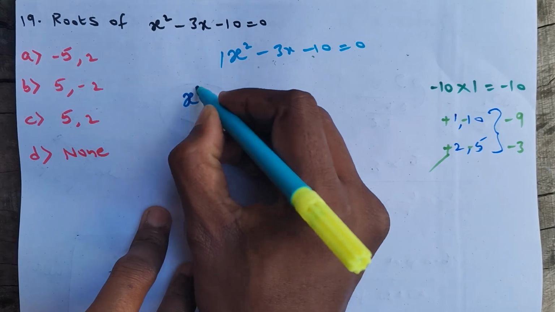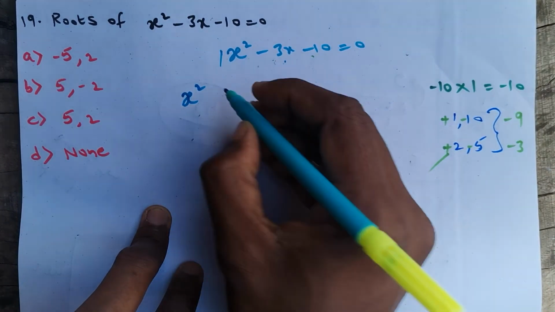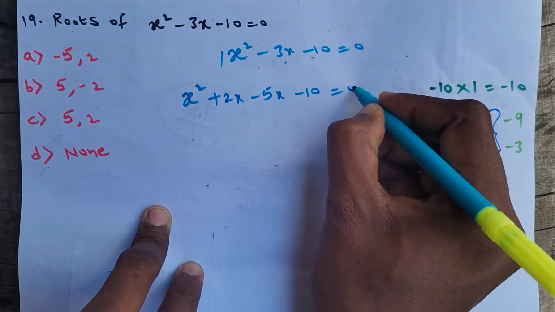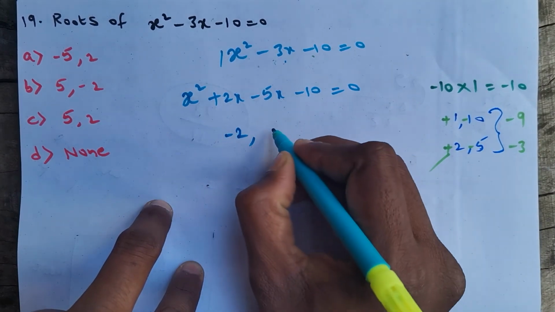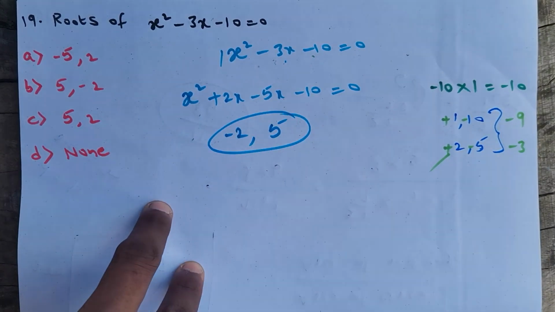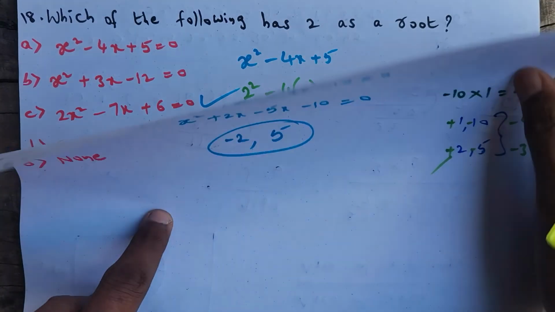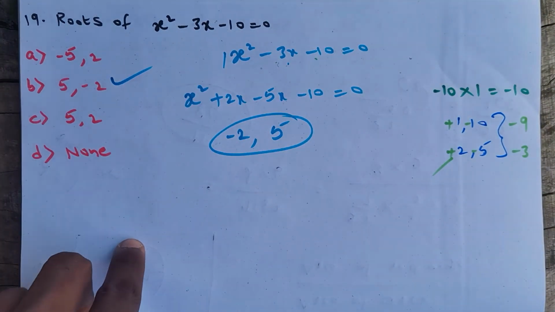X square as it is, minus 3x can be written as plus 2x minus 5x, minus 10 is equals to 0. Here plus 2 is there, so minus 2. Here minus 5 is there, so plus 5. Minus 2 comma 5 are the zeros or roots of the given quadratic equation. So option B is the correct option.